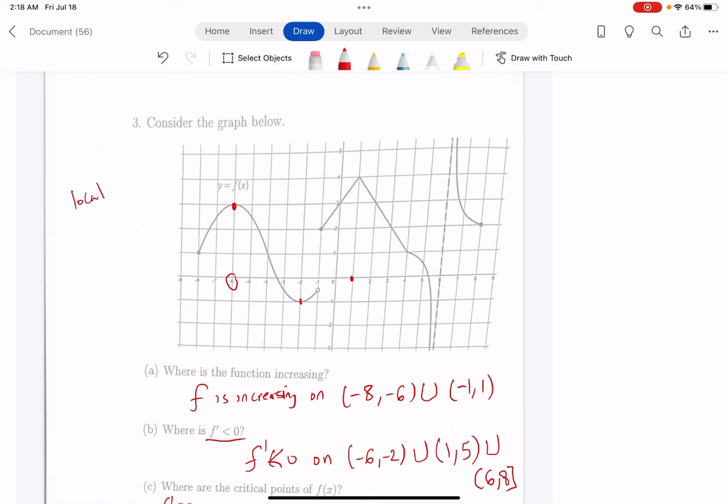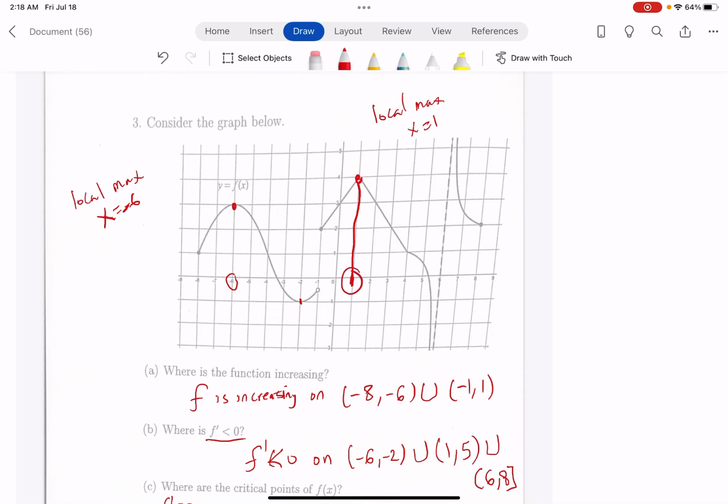Local max, x is equal to -6. There is also a local max at 1 here. This is a local max also, a local max at x equal to 1.